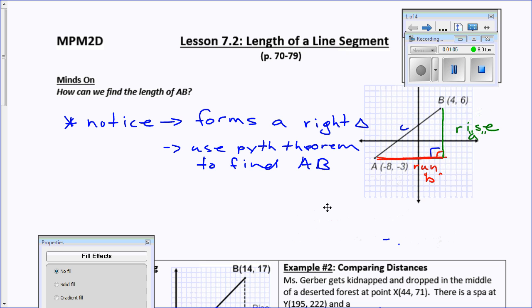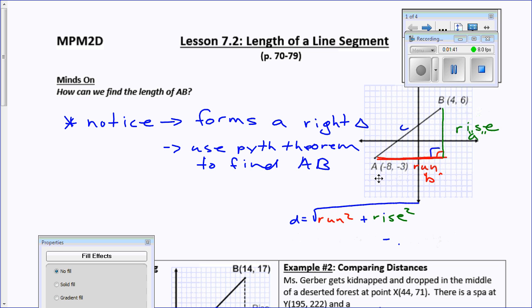Now, if we use d for the length of this hypotenuse, and we use run and rise to find the length of the line here, we could say this: the distance is equal to the square root of the run squared plus the rise squared. Doesn't that look like the Pythagorean theorem? Yes, it does. And now, let's take a further step here.